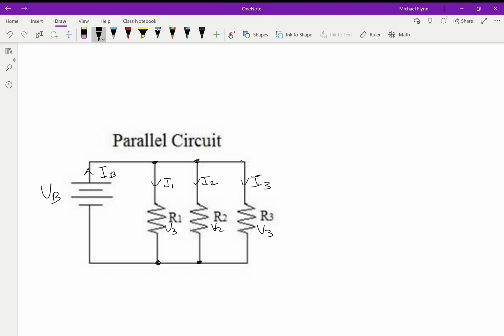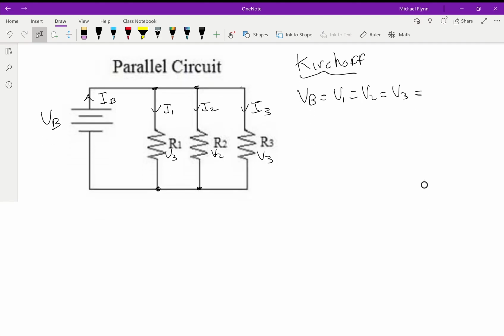Now we know from Kirchhoff, and we saw in our demonstration, that the voltages are all the same. So we might as well stop calling them different things. We might as well just say that they're all V. So there's only one voltage, whatever the battery is set to, in this circuit.